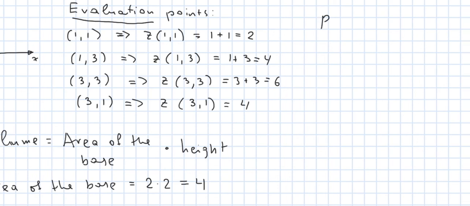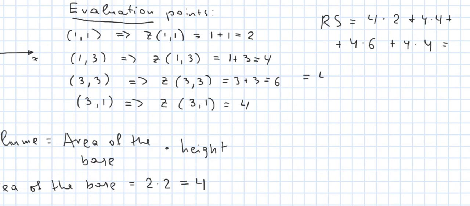So this is how our Riemann sum will look. I will use RS to represent the Riemann sum. So our Riemann sum with 4 terms, with the subdivision of our region of integration into 4 smaller squares of equal size, and using center points of each small square as the evaluation point, is going to be 4 times 2 plus 4 times 4 plus 4 times 6 plus 4 times 4.